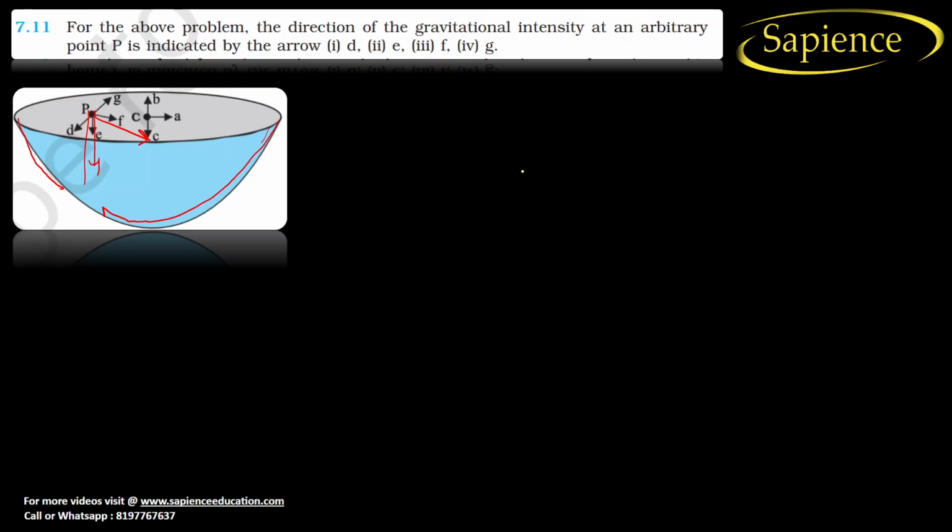Let us consider this is your hemispherical part, and now let us consider this is a point. From this point we have two masses. Let us take one mass first of all, at this angle.